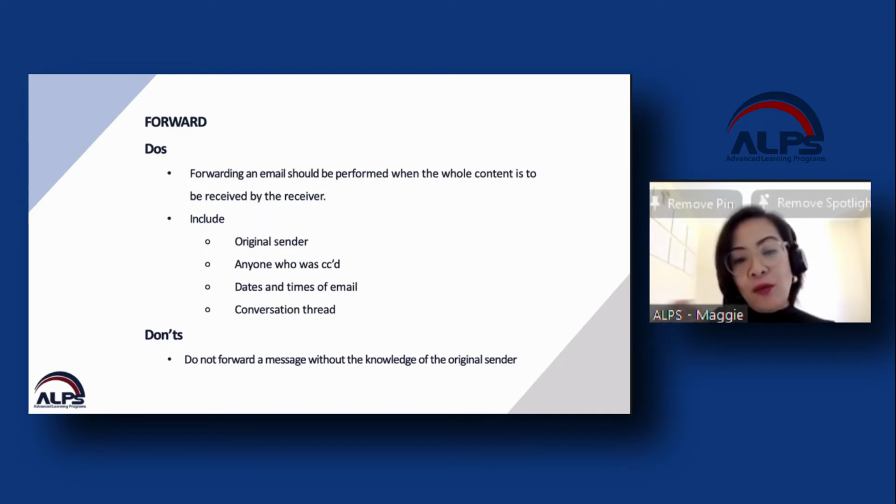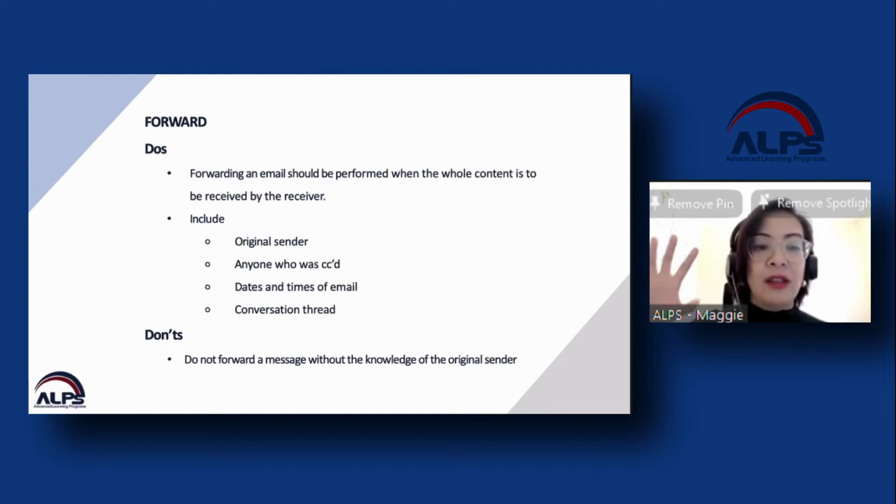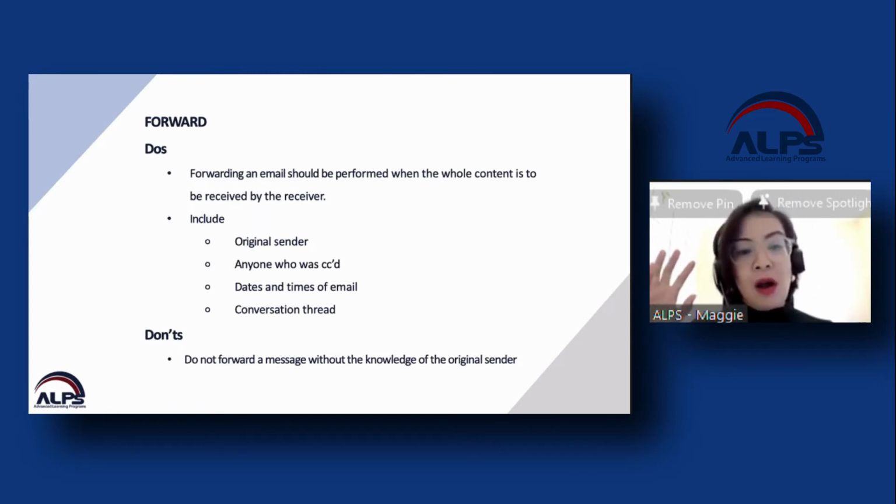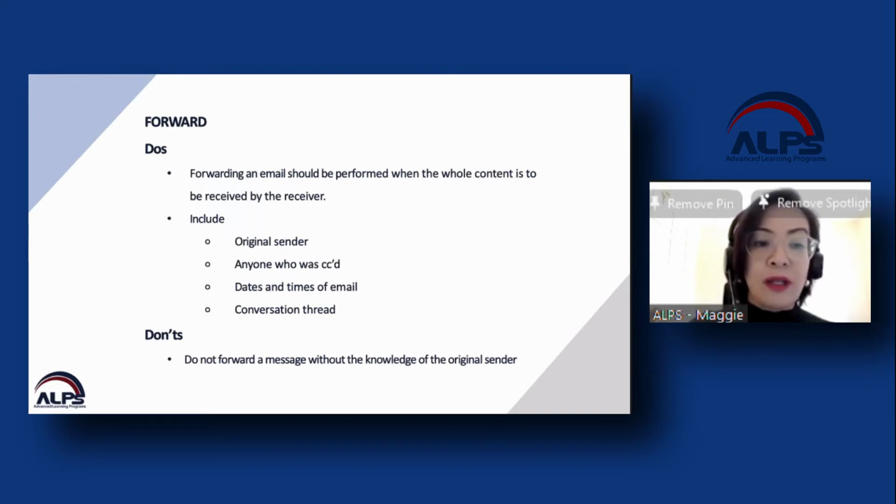Kasi di ba when you forward an email, it will show you who the original sender is, and who were in CC. Why is this important? Why is it important that the names of the persons who are in CC are also included in the forwarded email?